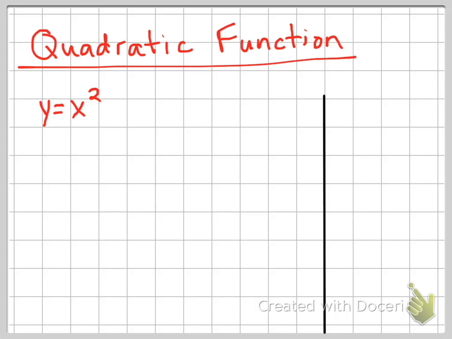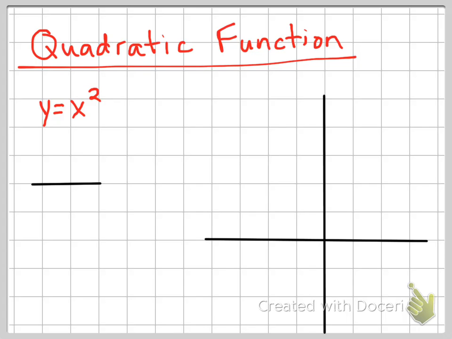Okay, so a quadratic function is y equals x squared. Now that's the basic quadratic function. They can have a little more things going on, but they always have an x squared in them. That's what makes them quadratic.